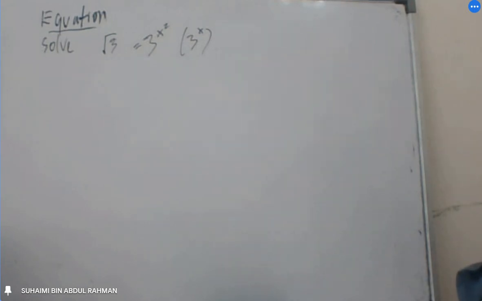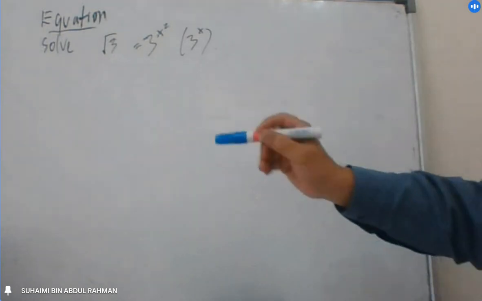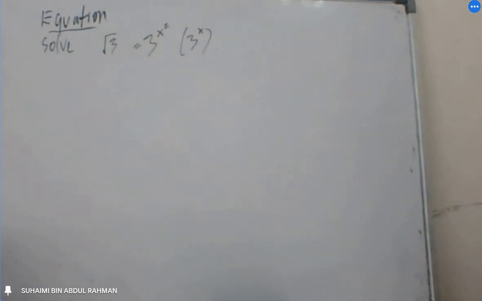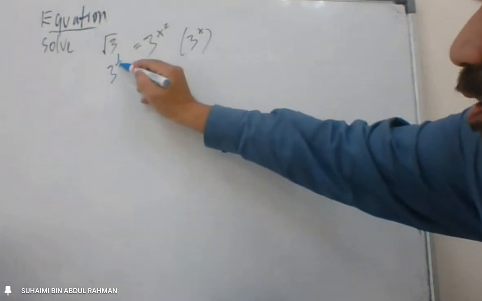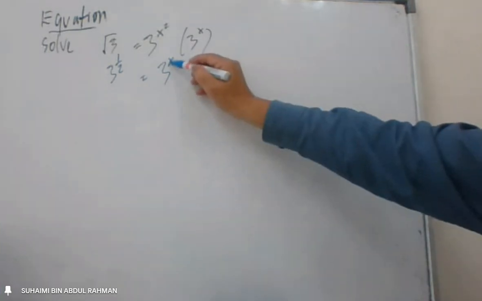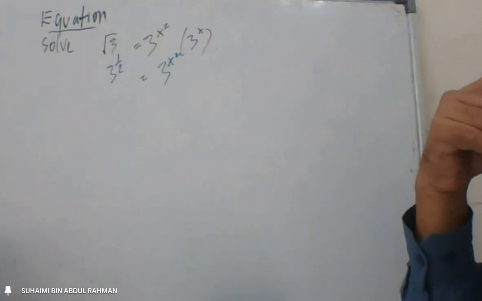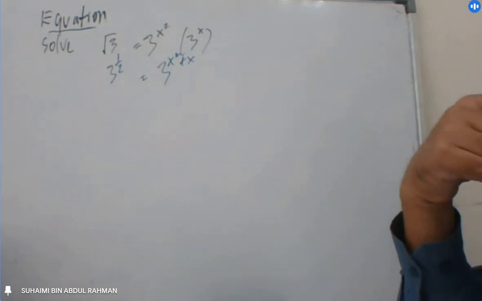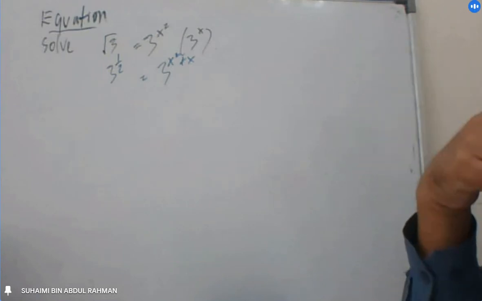What is the value? What can we do? Square root of 3 here is 3 to the power of 1 over 2, equal to 3 to the power of x squared plus x, using laws of exponents.